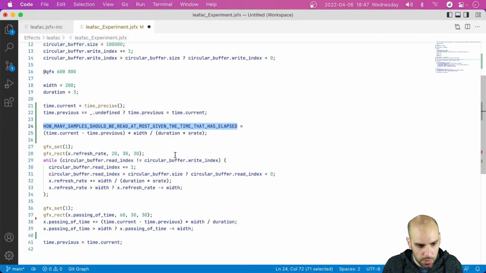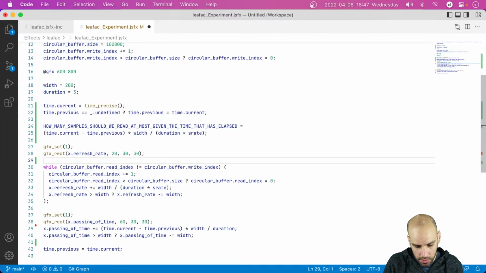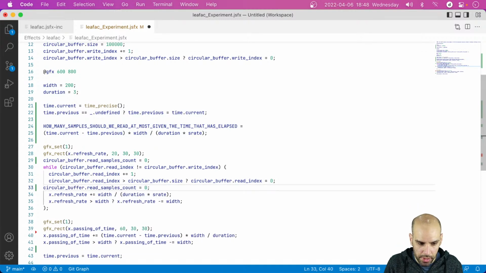So what we need to do is we need to have a counter of how many samples we have already read. So I'll just create this circular buffer read samples count that starts at 0 and that increments anytime we go around the loop.